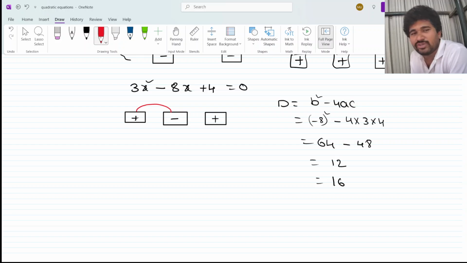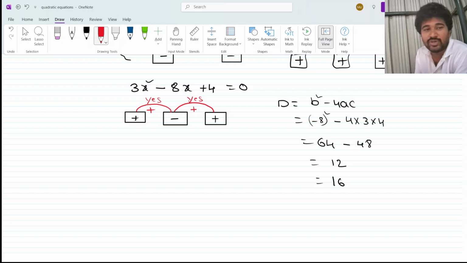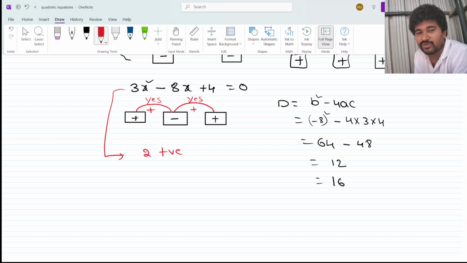Yes or no? That means positive root. Here any sign change happened? Yes or no? That means positive root. So this should have two positive roots.